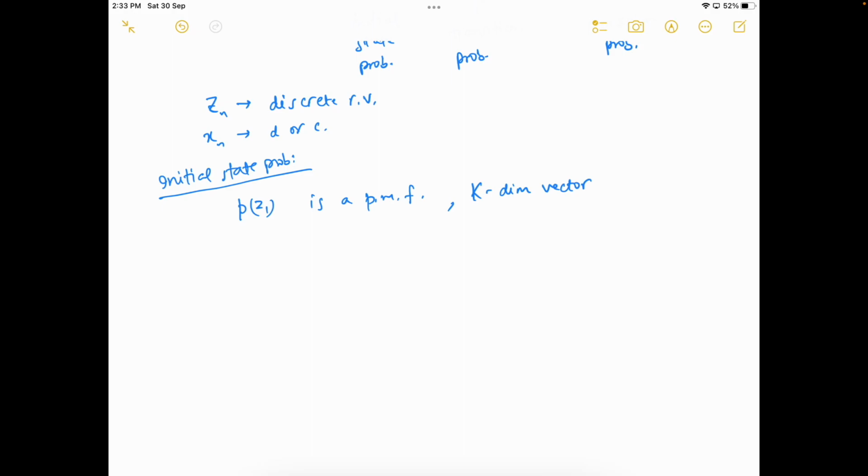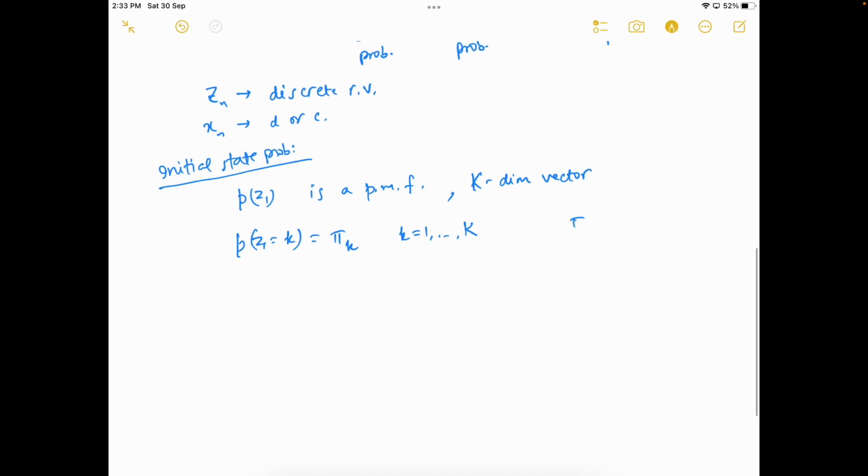Let's call them pi k. P of Z1 equal to k is equal to pi k, where k can be 1 to capital K. And the property of pi k is that pi k is greater than or equal to 0 and the sum over all pi k is equal to 1.